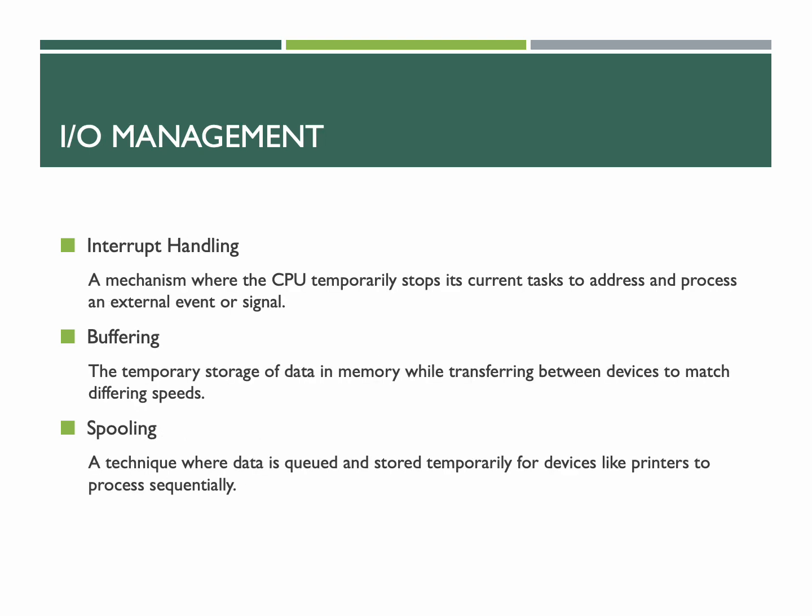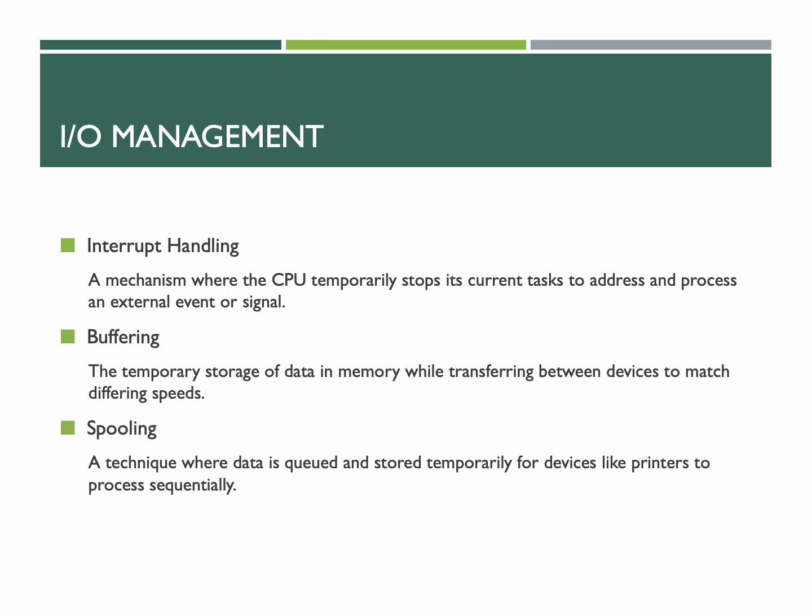Okay, so now we'll look at IO management, input output. IO management handles the interaction between the CPU and input output devices. It ensures the data is transferred efficiently between hardware components. So we'll see first the interrupt handling.